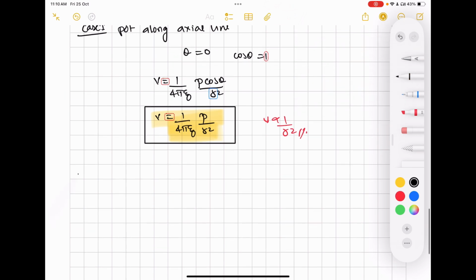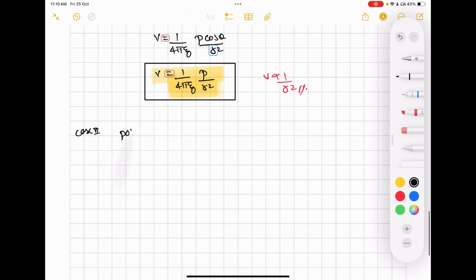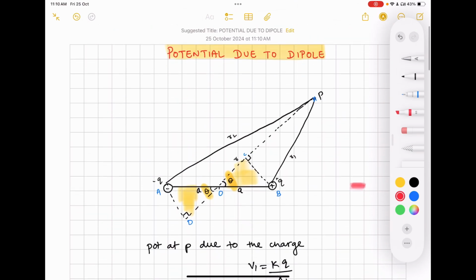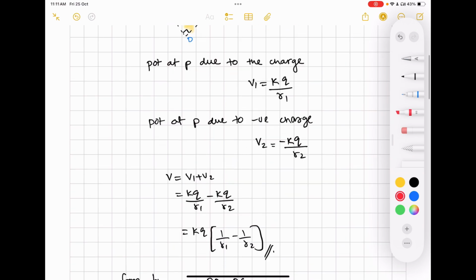Now case 2, which is the potential along the equatorial line. That is, we are going to find the potential due to a dipole along this equatorial line, which is perpendicular to the dipole, or the exact normal to the center.